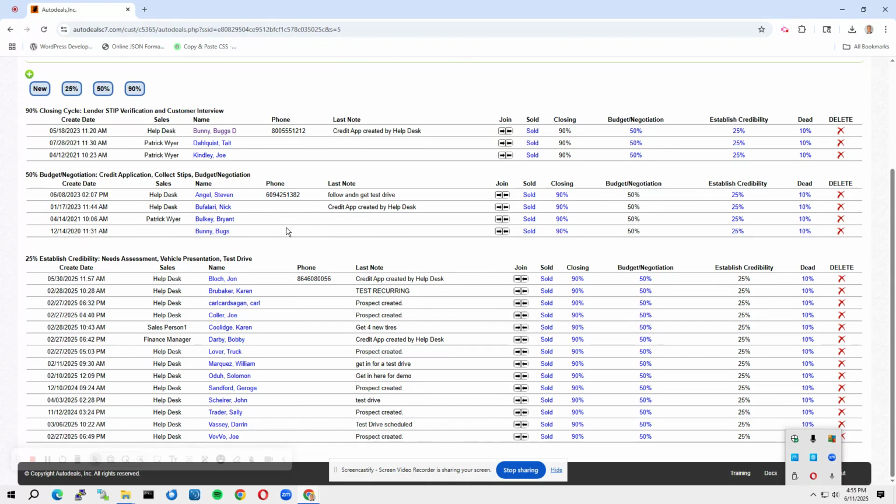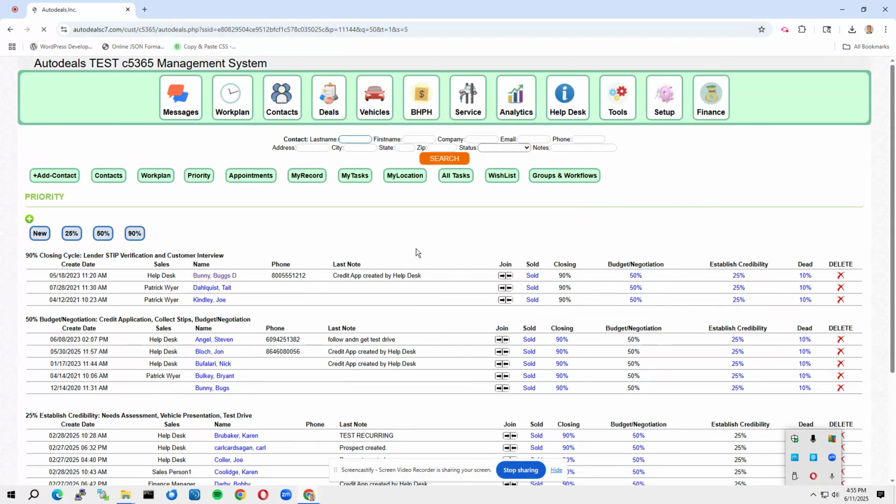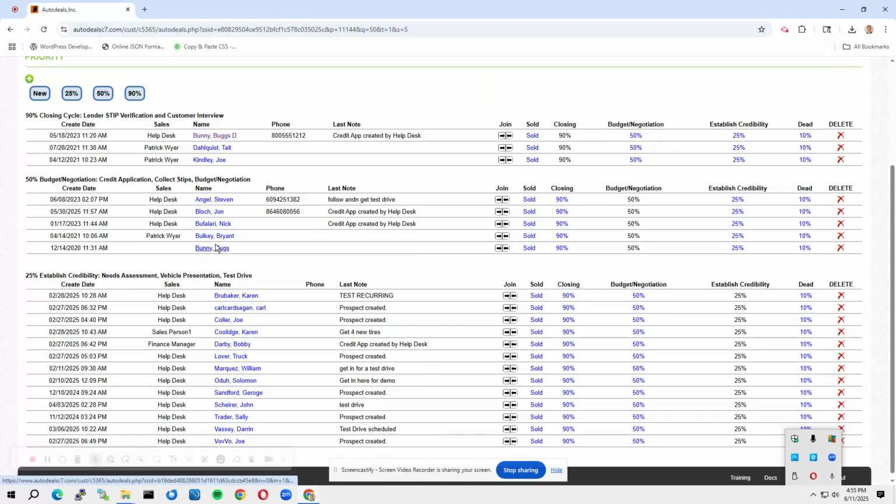If I'm a salesperson, at the end of the day I'm going to take a minute or two and just update my sales forecast by looking at this. If I see John Block is at 25% and we want to move him up to 50%, I just have one click and now he's been moved up. Same thing with a customer, maybe Steve and Angel.